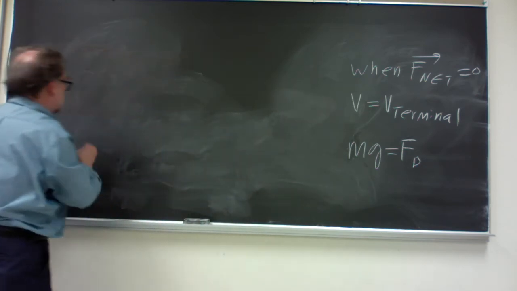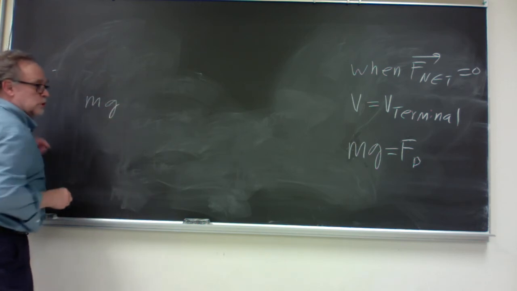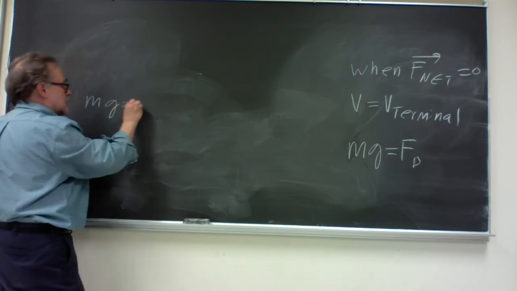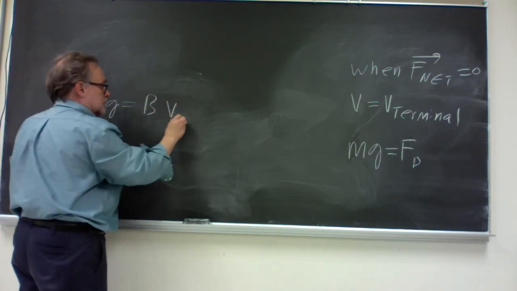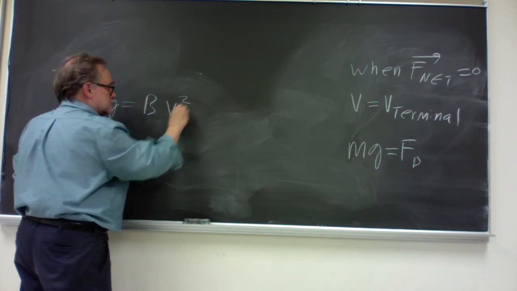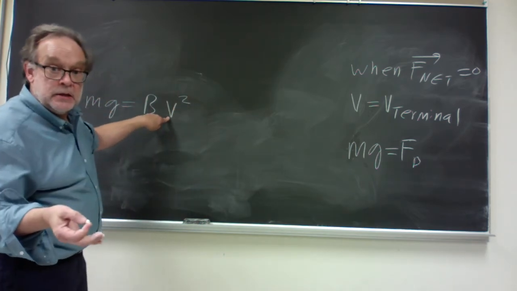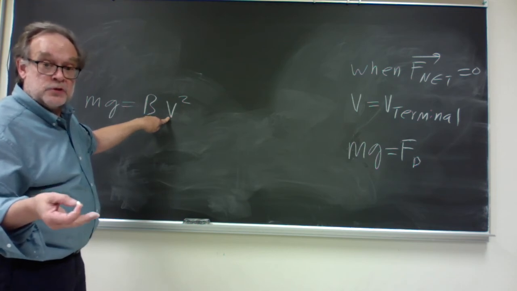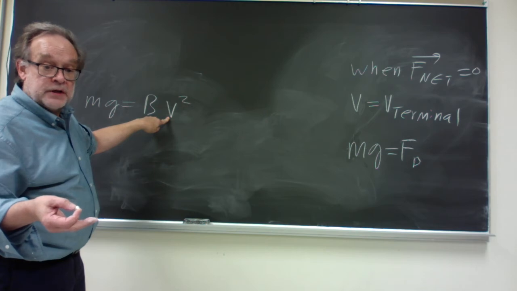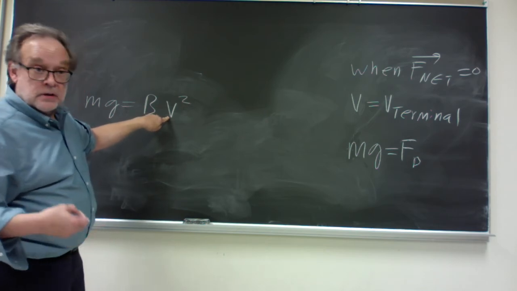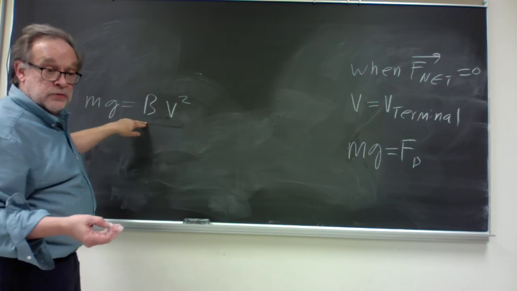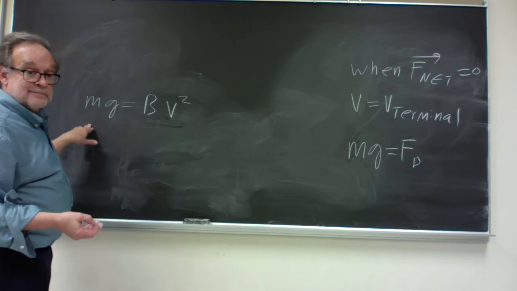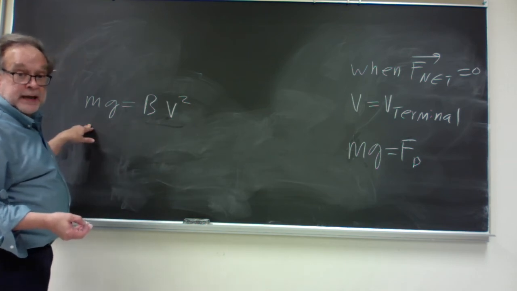That is, at this point the drag force is just as strong as the weight, and that drag force is b times the square of the speed. Well, that speed is the terminal speed, the highest value speed that the falling thing is ever going to have. The highest value of speed will give the greatest strength for the drag force. That's the strength that's enough to totally cancel out the weight.